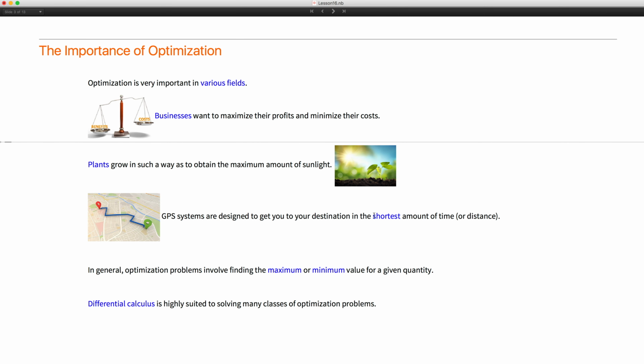So in general, you have optimization problems which involve either finding the maximum or the minimum. And so differential calculus is really an excellent tool for solving these optimization problems. In fact, that's how the subject arose in the works of Fermat and other mathematicians.